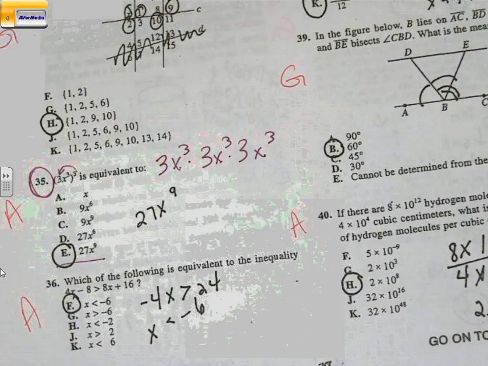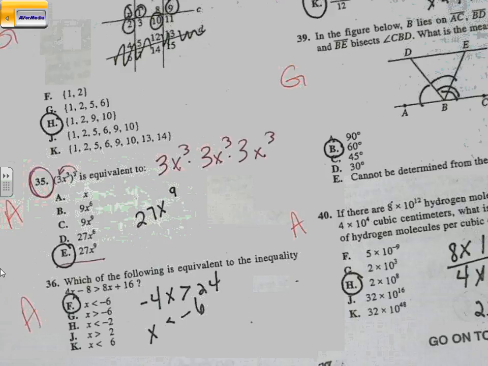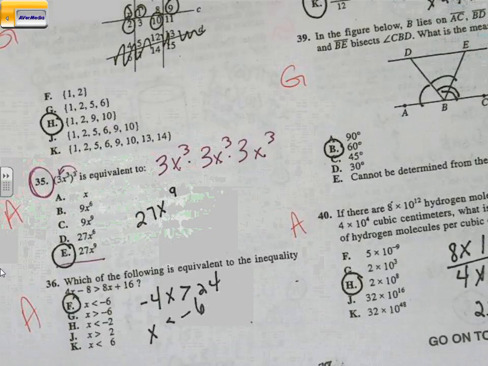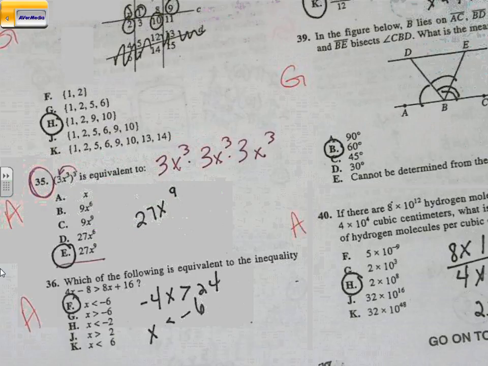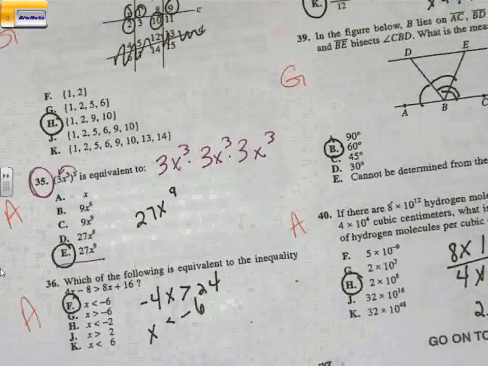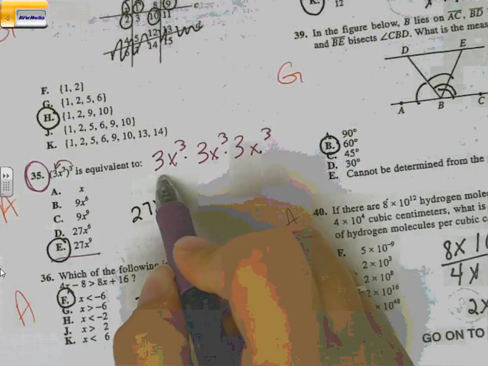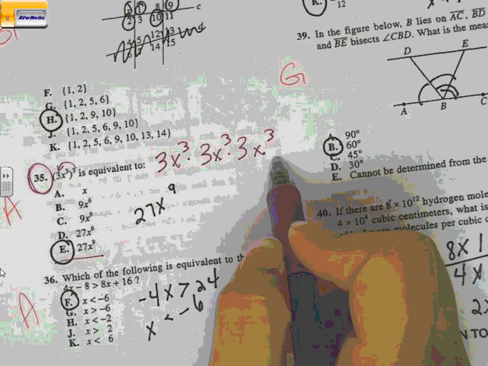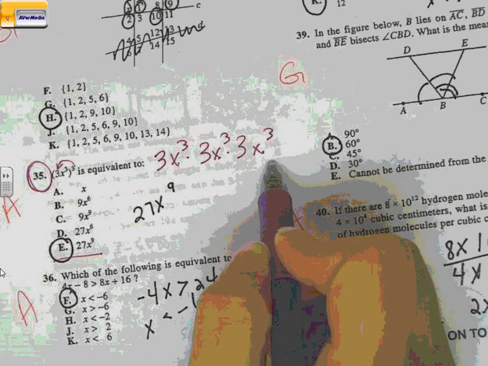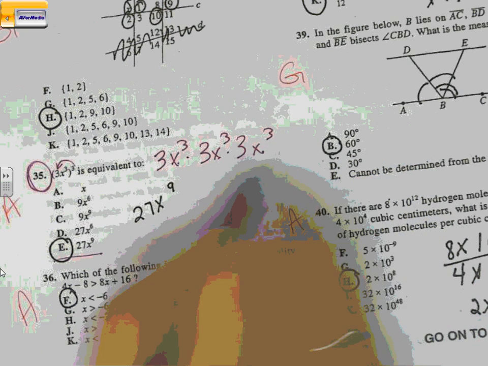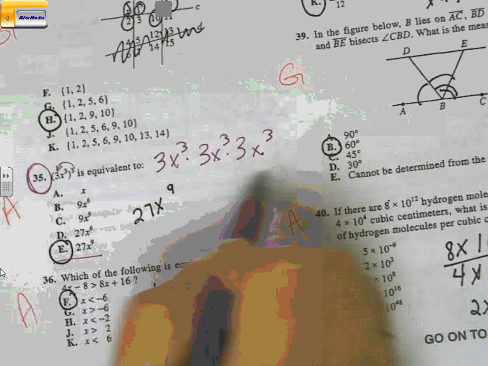This one, you can just distribute the exponent, so you do 3 cubed and x cubed, and you get 27x to the 9th. If you get stuck on one of those, write out what it means. 3x cubed means 3x multiplied by itself 3 different times. It might help you if you forget a rule.